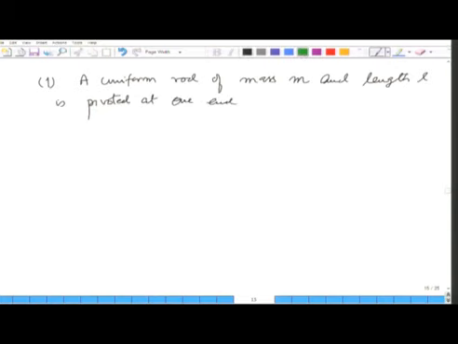So, let me make a picture. Here it is pivoted at one end. It is hanging vertically in equilibrium.